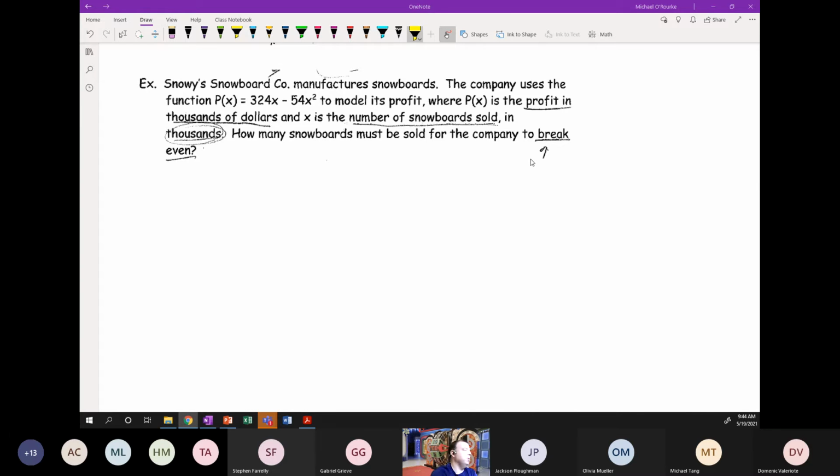Okay, so first thing we're looking for here, are we looking for the y-intercept, x-intercept, or our vertex? What are we looking for here?